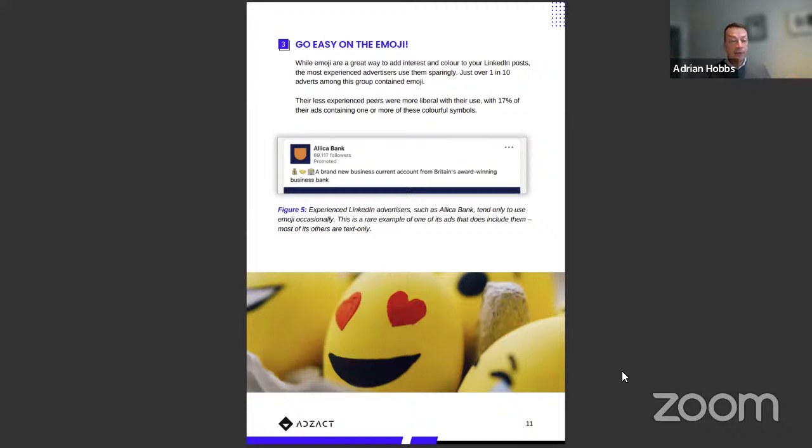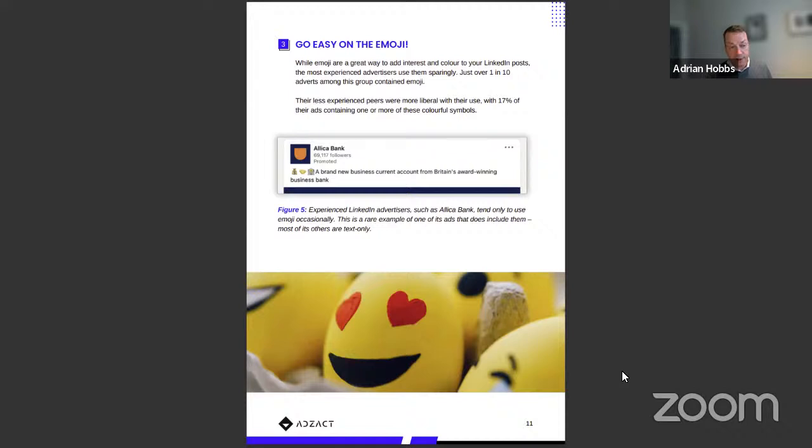It's at the beginning of the text and brings it to life a little bit, but it's sparingly used, and it's not at the end as a way of portraying emotions so much as brightening this up. So we found it's less used by the experienced advertisers, or used very sparingly, but more common with less experienced advertisers.